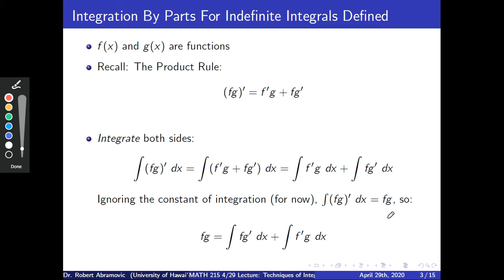So f times g equals the antiderivative, or indefinite integral, of f times g prime plus the indefinite integral, or antiderivative, of f prime times g.